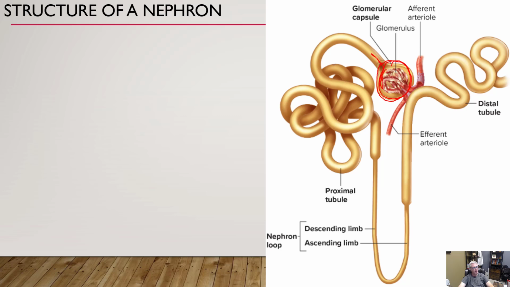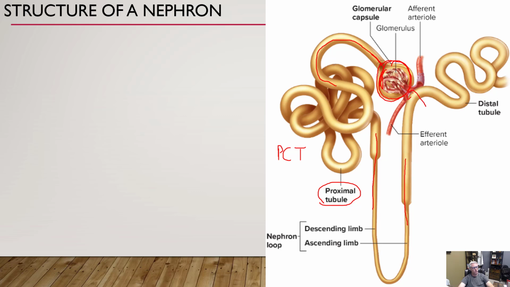And then here we have our proximal convoluted tubule, or our PCT. Here, our textbook just says proximal tubule, but I say proximal convoluted tubule. And then it goes into the descending loop of Henle, then our ascending loop of Henle.